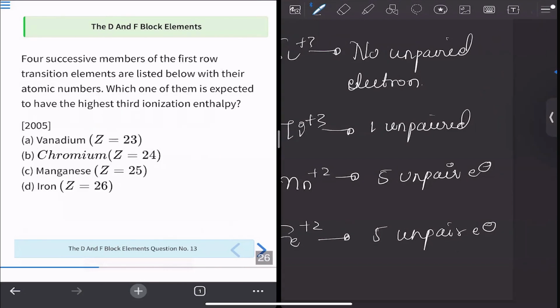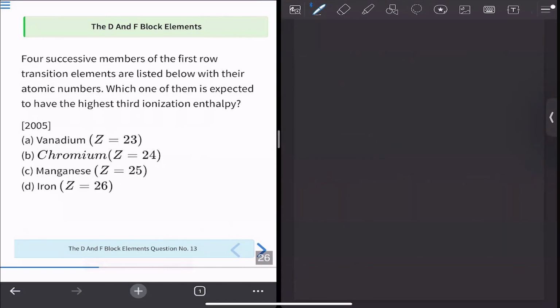So, the next question: four successive members of the first row transition elements are listed below with their atomic numbers. Which one of them is expected to have the highest third ionization enthalpy? We know that Z is equal to 23, it will have 4s2 3d3.